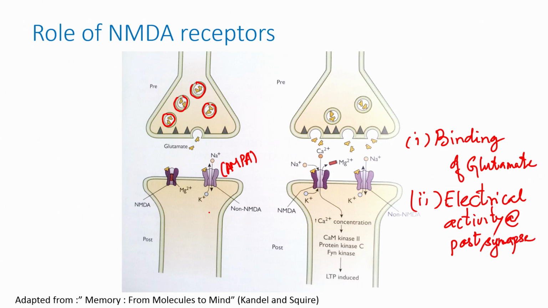Now, why would we be talking about this? Such a character of this receptor puts it in a very unique position. It can actually detect simultaneously the activity in the pre as well as the postsynaptic neuron.